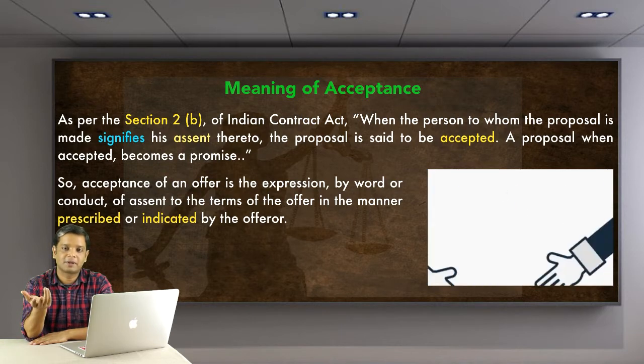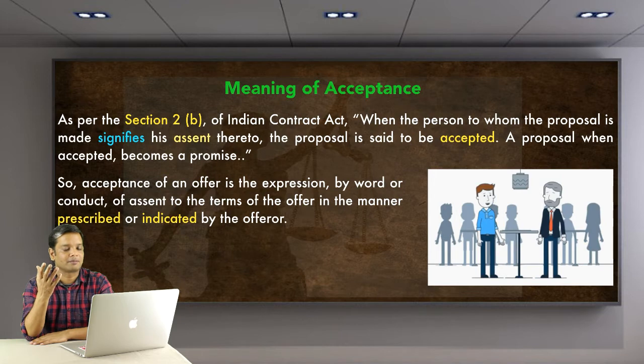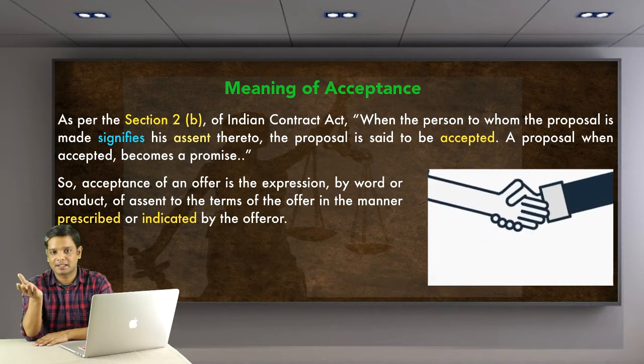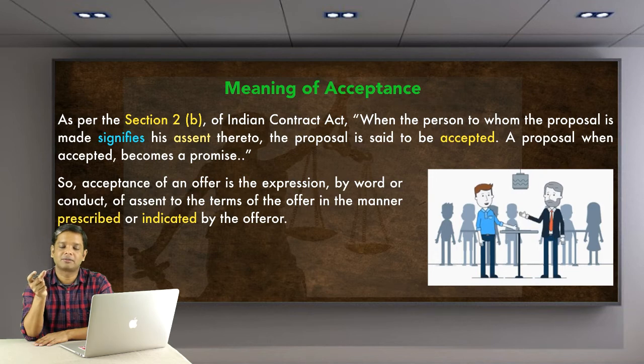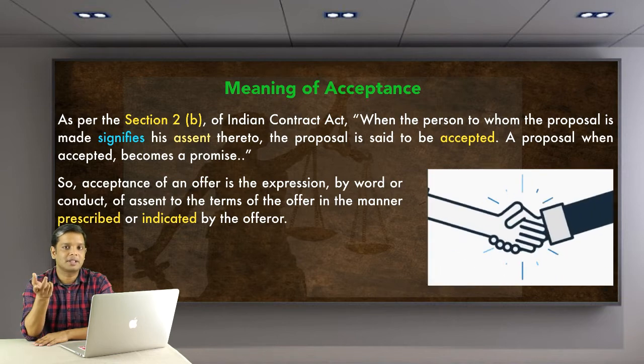Either you said it verbally or in written form, that is expressed by word or conduct. Conduct means you didn't say anything, but the way you are doing things, that is implied. So through conduct means it is implied.